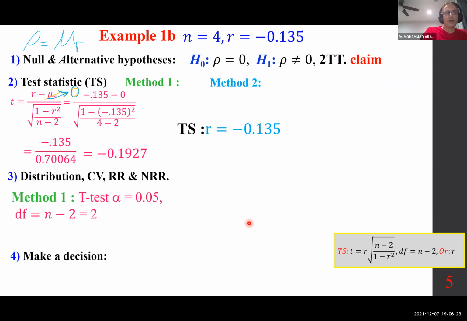Distribution, CV, critical value, RR, rejection region, NRR, non-rejection region. Using the t-test, alpha of 0.05, degrees of freedom is n minus 2, in this case, x comma y. So n minus 2 becomes 2. From the t-table, we get plus minus 4.303.